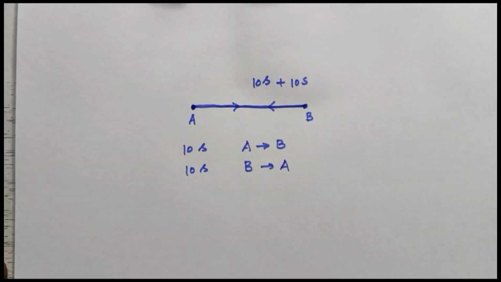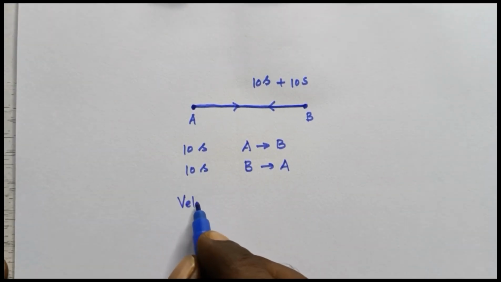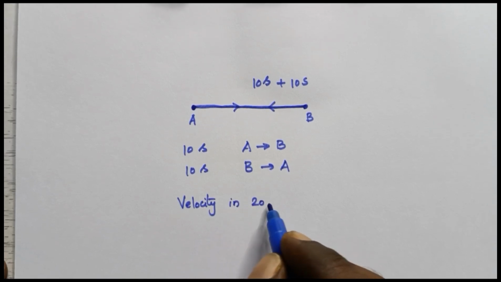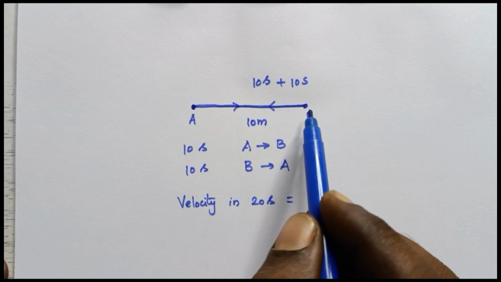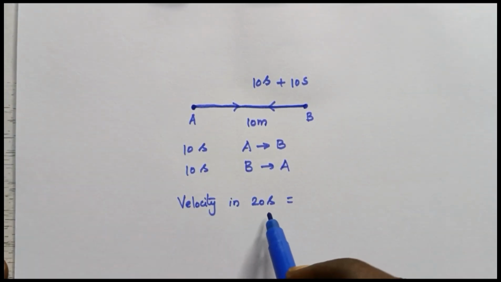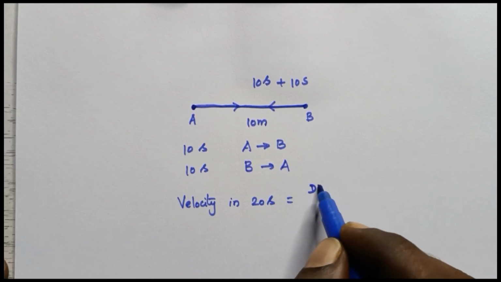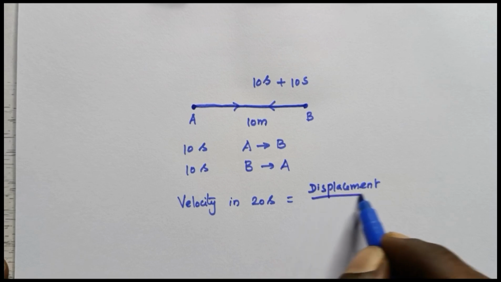What is the velocity of the body in 20 seconds? அப்படின்னா velocity of the body in 20 seconds is equal to, let us assume that the distance from A to B is 10 meter. So what is the velocity in 20 seconds? அப்படின்னா displacement by time.